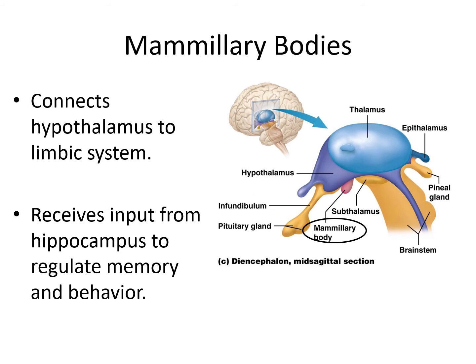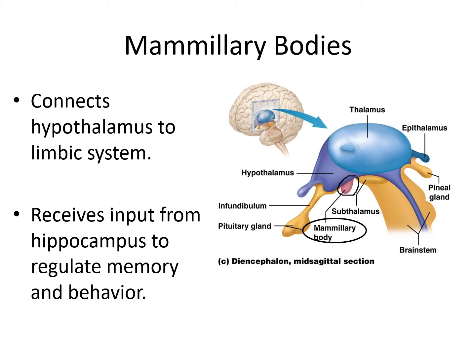Other structures that are part of the diencephalon are the mammillary bodies. Okay, so here it's a really tiny area right here. And this connects the hypothalamus to the limbic system.